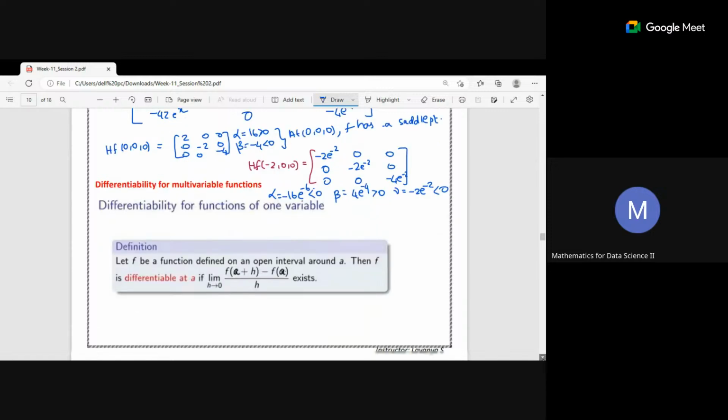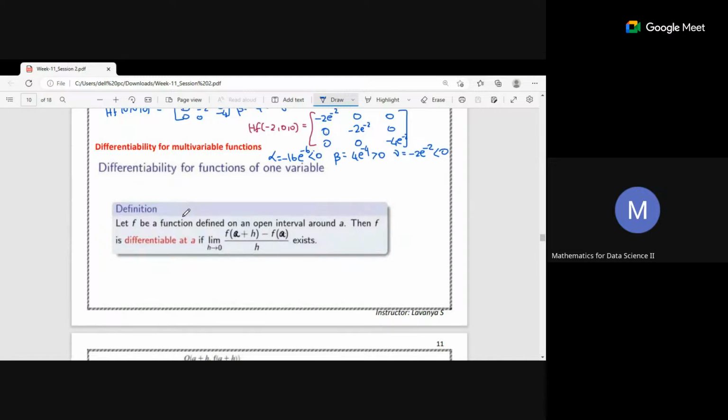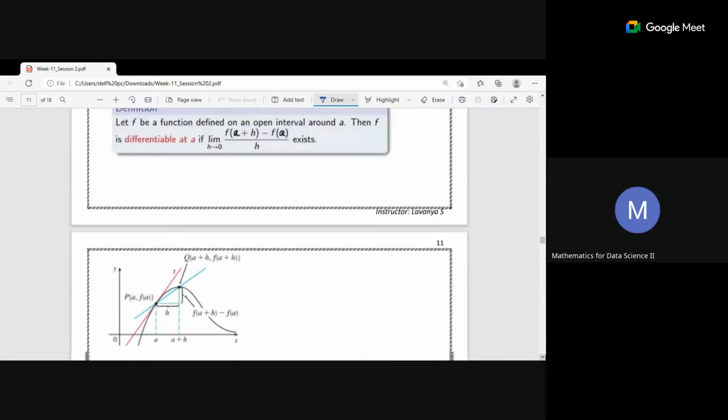In differentiability of a one variable function, what do we see? Let f be a function defined on an open interval around a. Then f is differentiable at a if the limit as h goes to 0 of (f(a+h) - f(a))/h exists. If this is your function f and you have a point a, you consider the points a plus h and make h go to 0, coming towards a, and see where the function is moving.